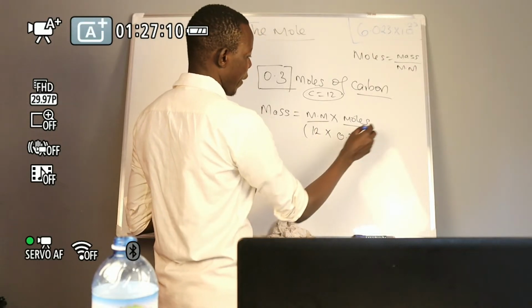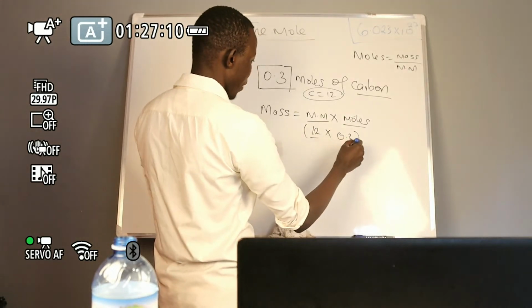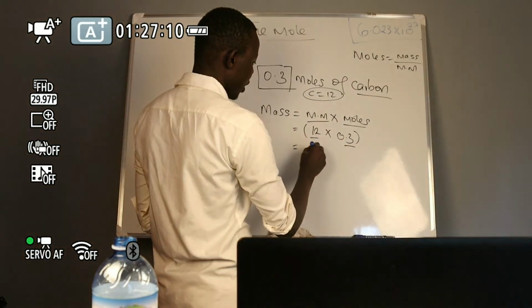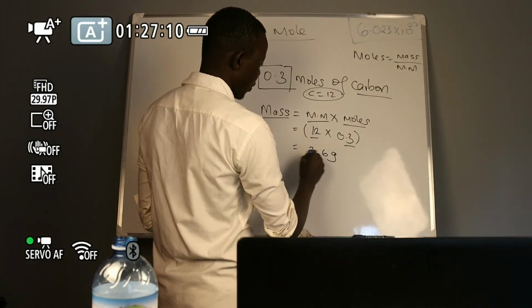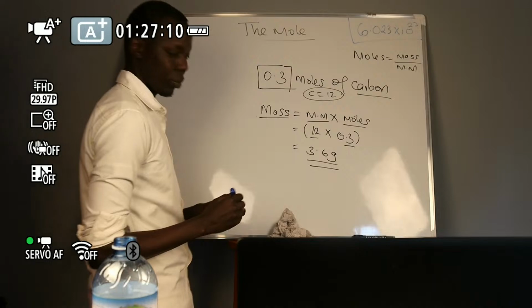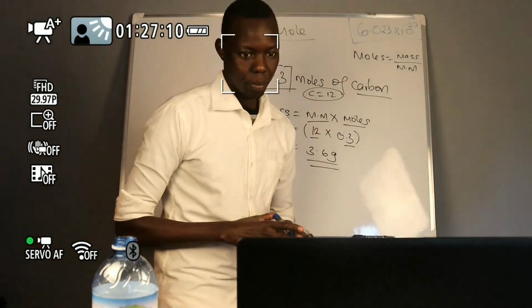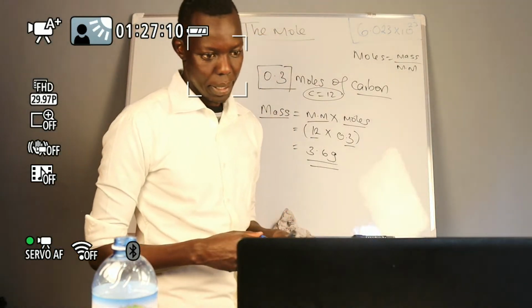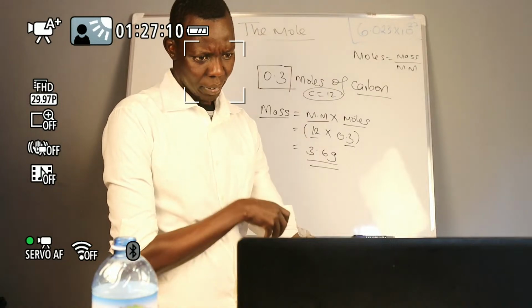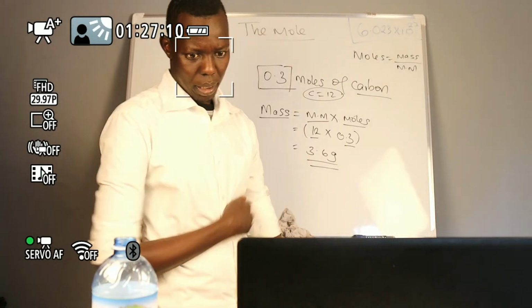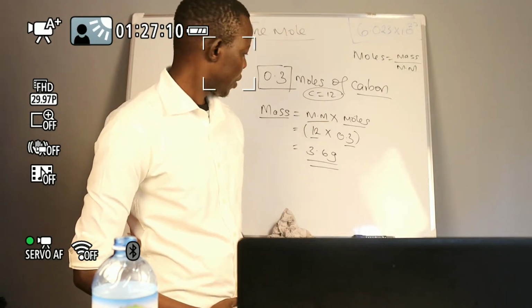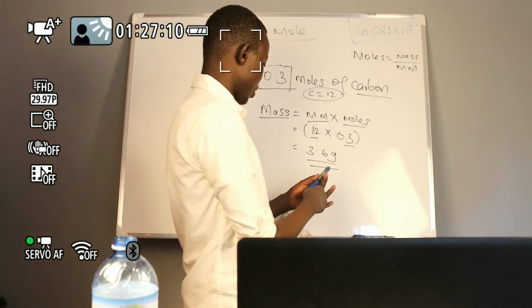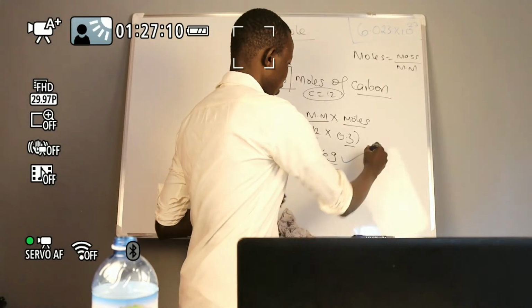First leave the decimal. 12 times 3 is 36. Now bring the decimal back. 3.6, because you are calculating mass in grams. Are we together? So your answer should be 3.6.